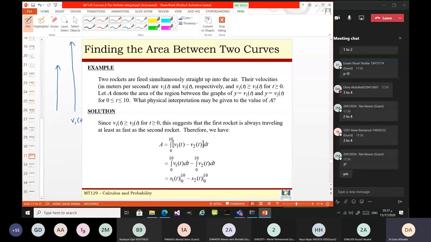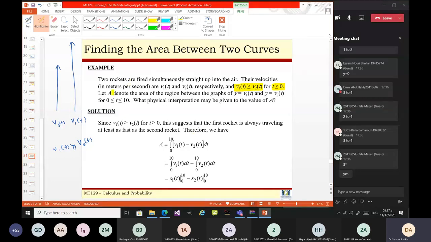So this is the speed of the first one, this is the speed of the second one, and v1 of t, as you see, is greater than or equal to v2 of t. That means the speed of the first is more than the speed of the second. This is what they give me in the question, and of course t, the time, is greater than or equal to 0. We start with time 0 and more.